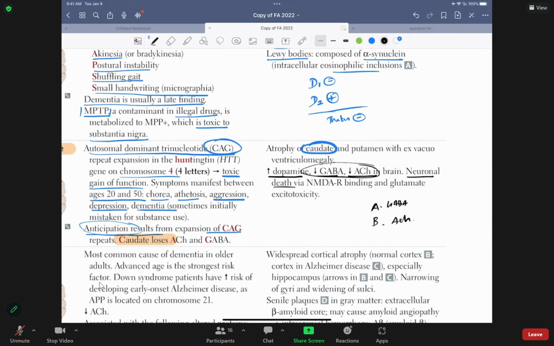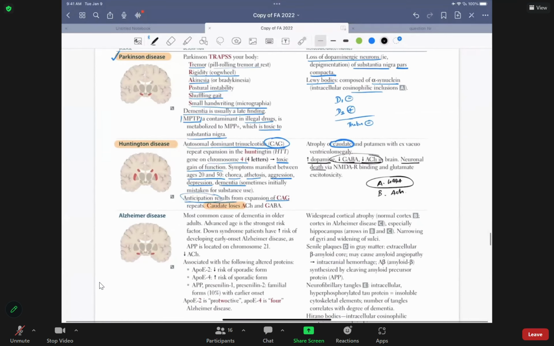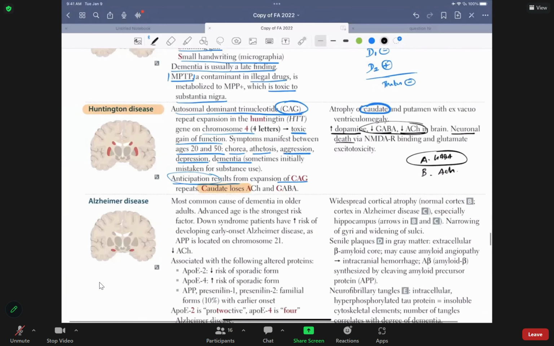They want to know which one is more specific. The answer is GABA. Okay. Because ACh is also produced in different parts of our brain, so it is not specific. GABA is unique, so read carefully, folks. GABA is the answer to that. Okay. Now that's Huntington disease. Very clear.